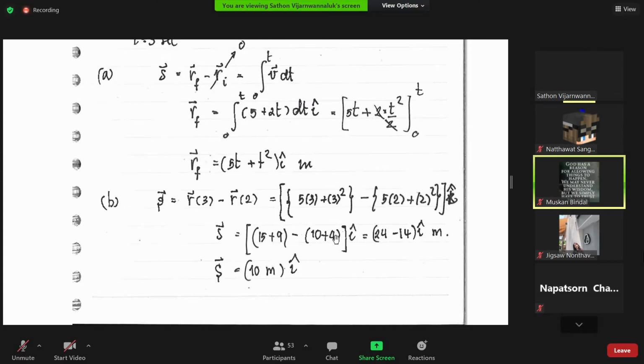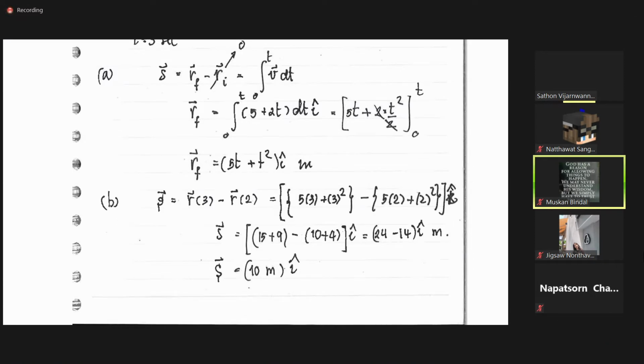So at t equal to 3 seconds, the position vector of the object is 24i, and at 2 seconds it is 14i. So between 2 seconds and 3 seconds, the object moved 24 minus 14, or 10 meters along the i-axis. So that is the displacement between the two.